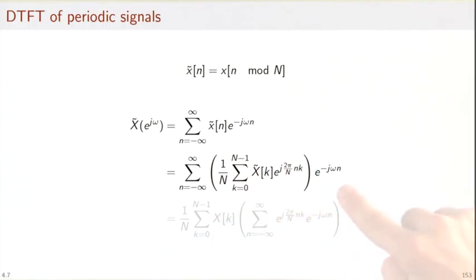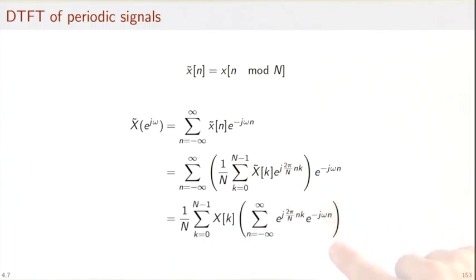This, of course, is equal to the inverse DFT, and we simply reorder the sums. So we take out the sum over k in front, and we leave inside the parentheses the sum over n, gathering the e to the j power terms.